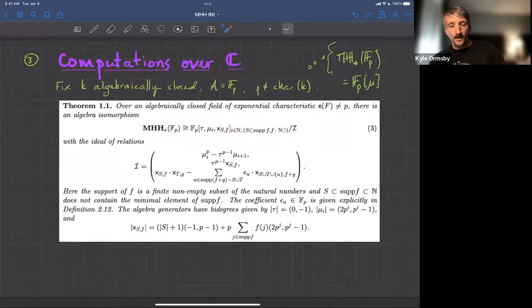So these are going to be tau power torsion in general, so a very new phenomenon. And there's a lot of them. So the indexing here says that we've got some function f of the natural numbers. We'll assume that it has finite support. I can write that in here.